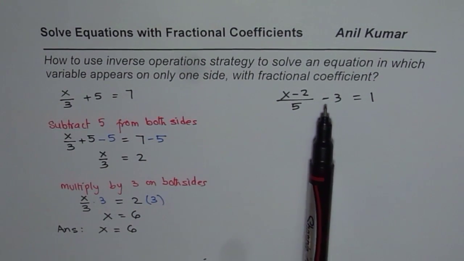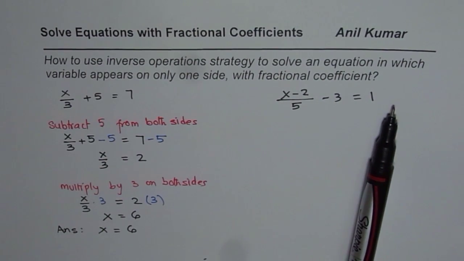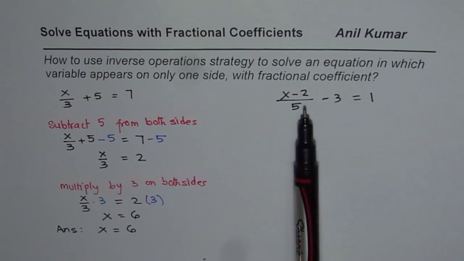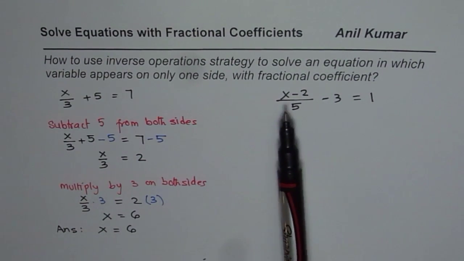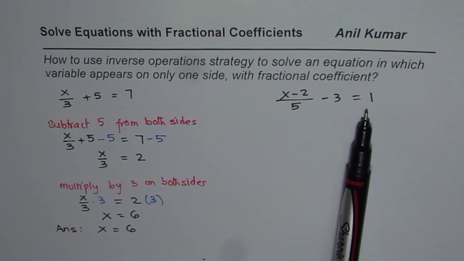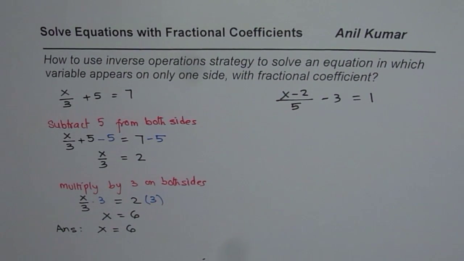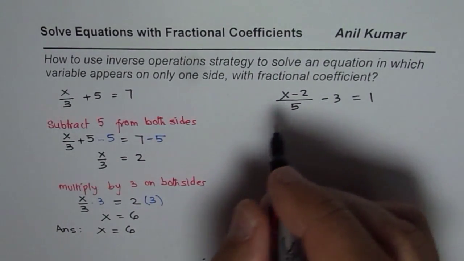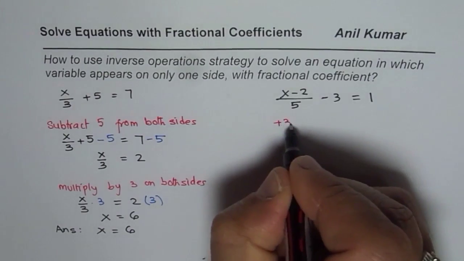First step should be add 3 on both sides, then times 5, and then add 2. That is how one by one you will eliminate everything from the left side, and you'll be left with x, and that will give you the solution of x. You got it. And whatever we do on the left side is to be done on both sides. So first step is we'll do plus 3 both sides.